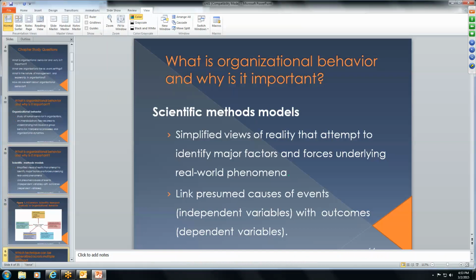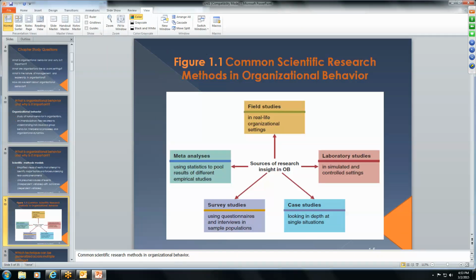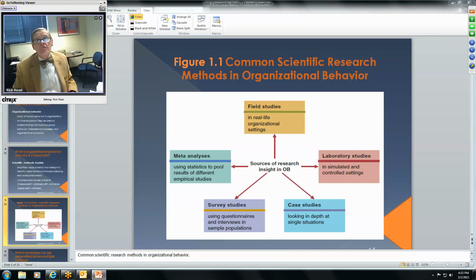it talks about the different types of scientific research that organizational behavior uses to try to test theories and hypotheses, etc. Field studies, laboratory studies, case studies, survey studies, and then meta-analysis. We won't do any field studies in this course because we're working online.